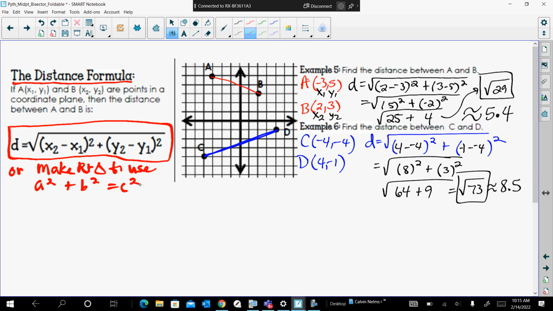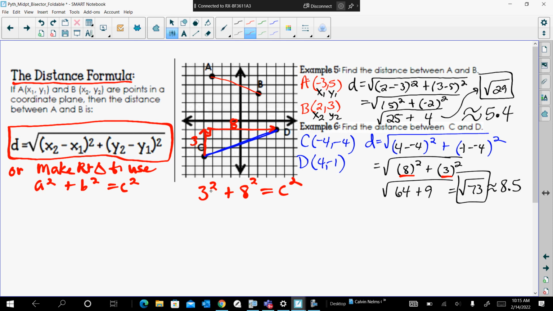So if I make a right triangle with this segment, I would have to go up and then over, like such. So you have to physically draw the right triangle. When I do that, I can count this leg. This leg is 1, 2, 3 units. And then I can count this leg over here. This leg is 8 units long, which is the same numbers I end up with using the Pythagorean theorem. Since I have a 3 and an 8, this would be 3 squared plus 8 squared equals c squared.